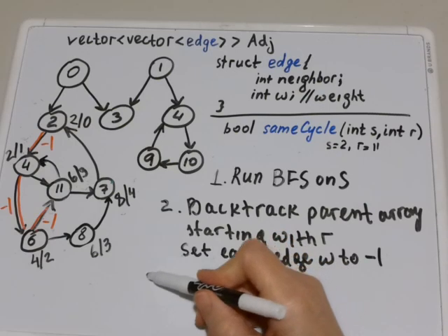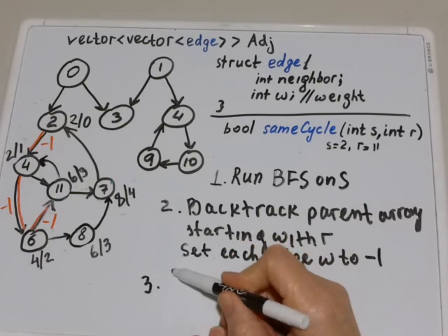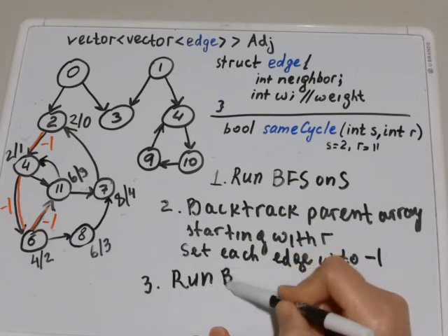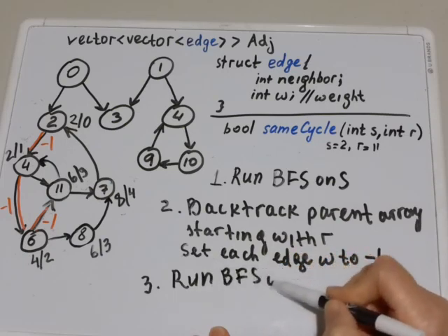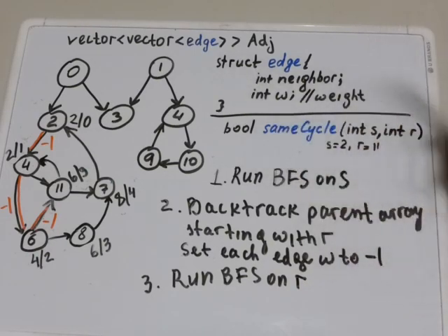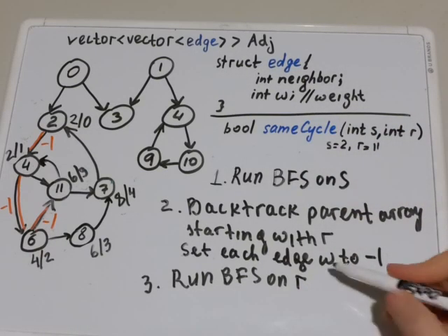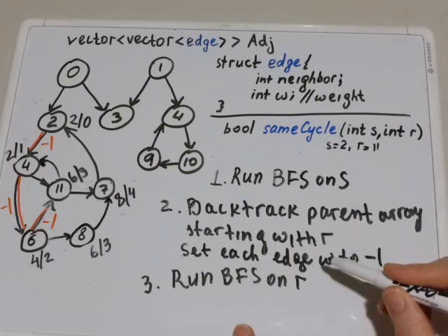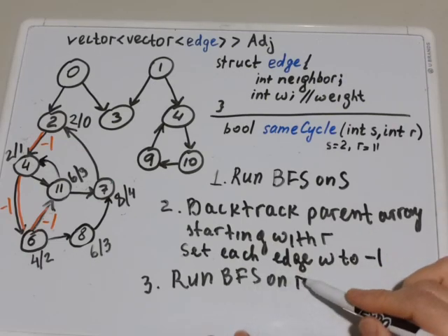So step 3 of your algorithm, you need to run BFS on R and make sure that you only visit through edges when you're looking at the adjacency list.